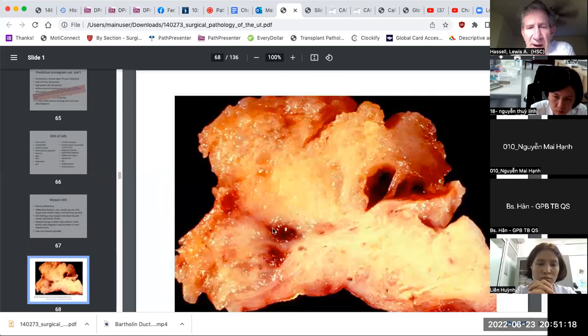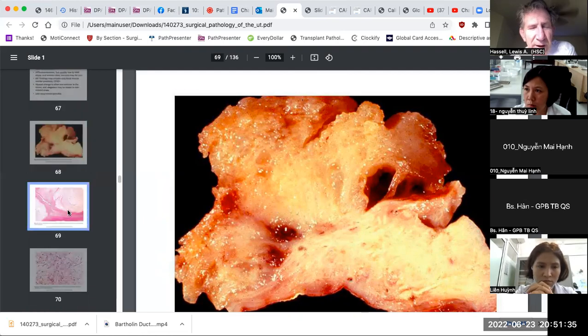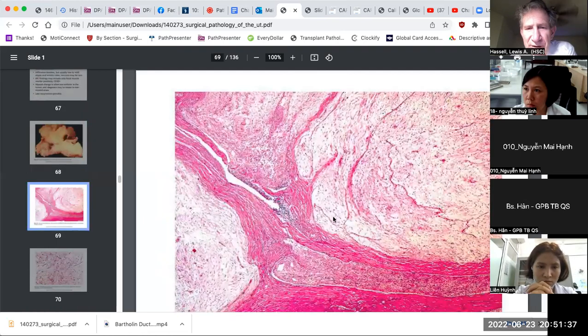So here's an example. You can see grossly that this looks quite different from the other smooth muscle tumors we've considered. It has a more glistening appearance, and just looks a little bit paler. Under the microscope, here's the picture. You can see variable degrees of cellularity and variable degrees of myxoid change.